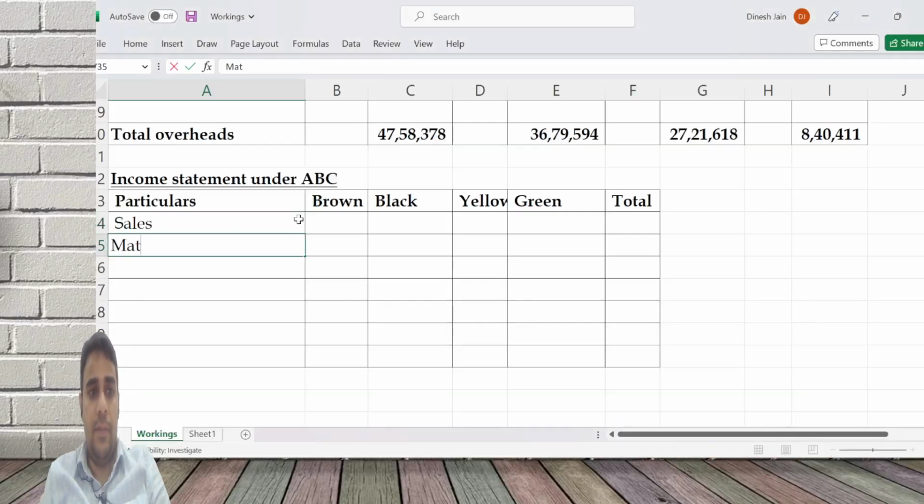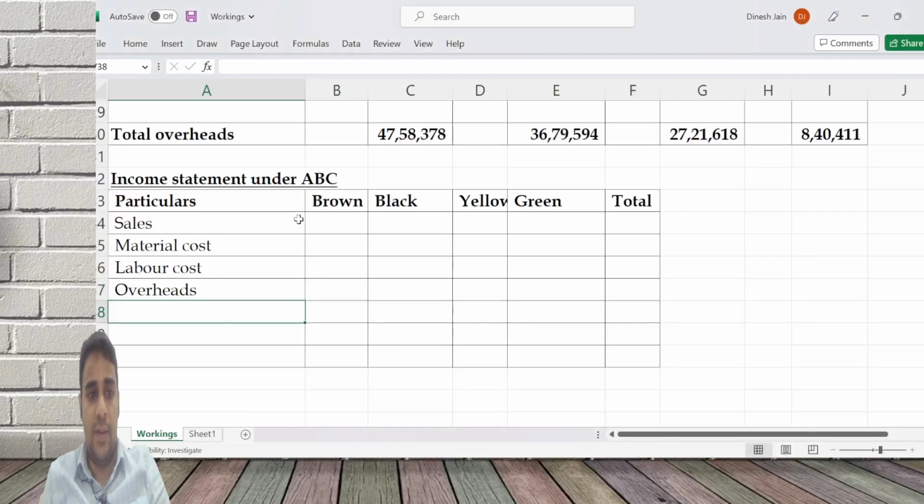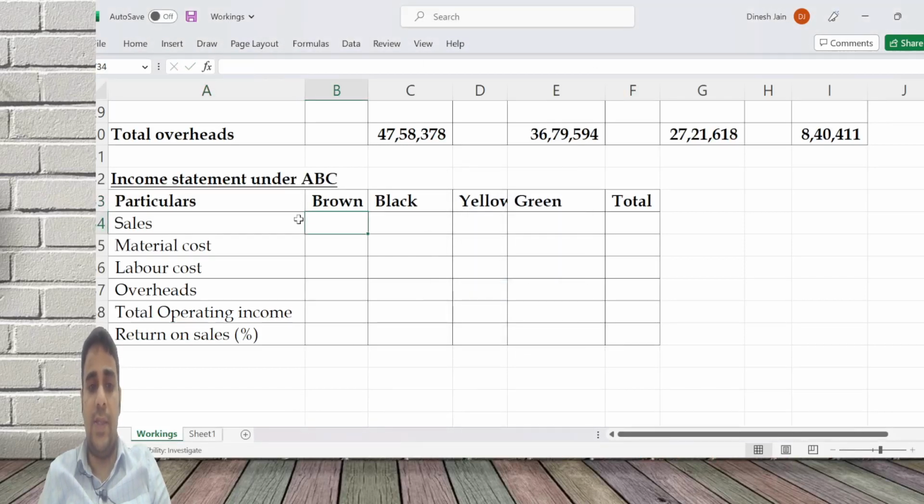Sales, material cost, labor cost, overheads, total operating income, and return on sales percentage. Overhead figure alone will change in the statement.